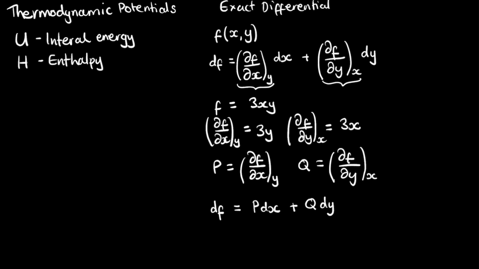Now p and q could be functions of both x and y. In this specific example, it turned out that p was only a function of y and q was only a function of x, but more generally, p and q could both be functions of x and y.